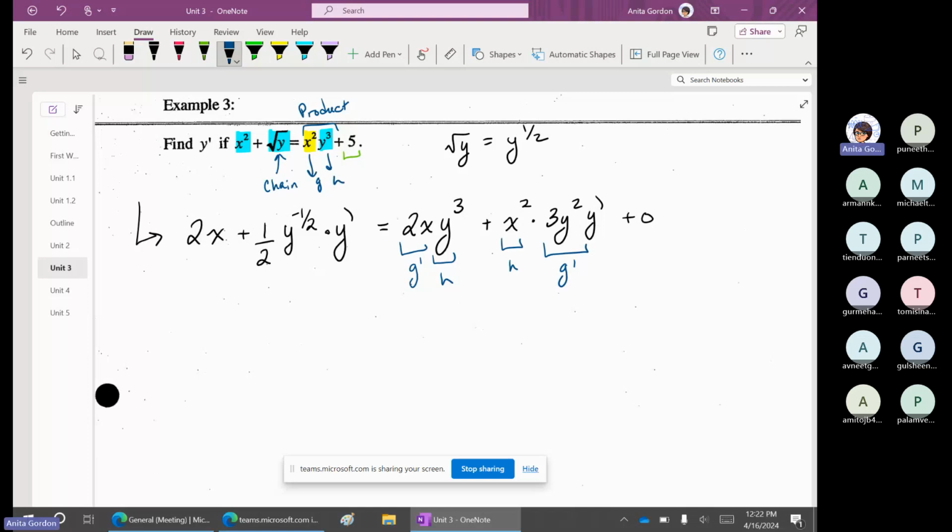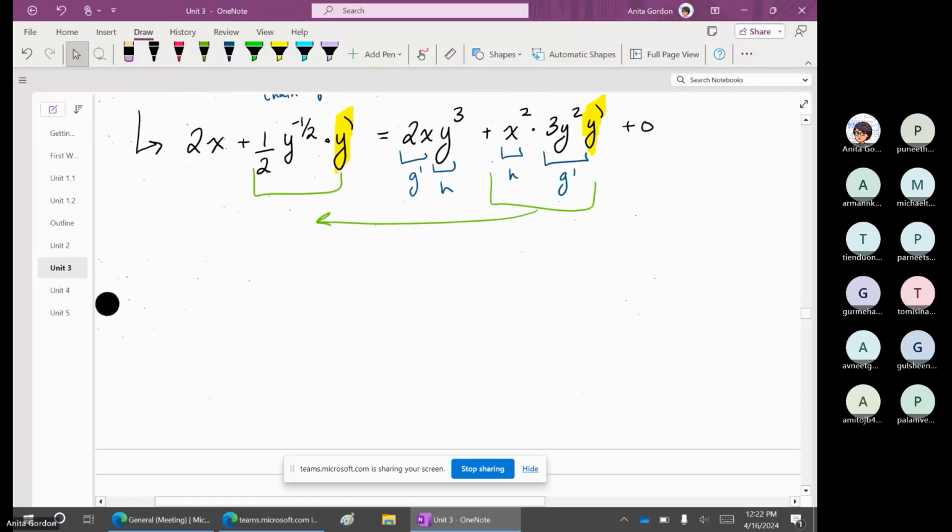Okay, and now we are collecting like terms and essentially getting y prime on its own. I see a y prime here and I see a y prime here. I'm going to try to put them together on the left and everything else on the right. So this one and this one are going to go together.